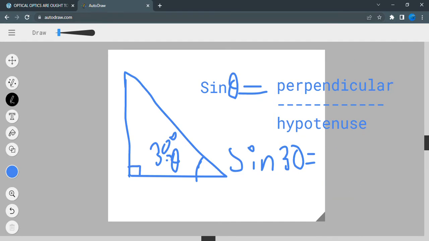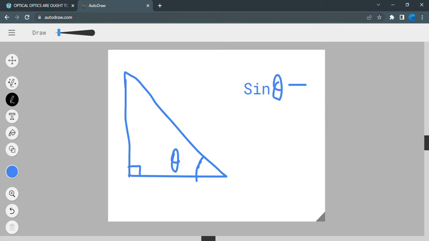Also, I'll be drawing a trigonometric table. As I wrote here, sine 30 degrees is equal to 1 by 2. But how did I get there? There is a specific table which is used to remember the value of each of the variables called sine, cos and tan. But first, I'll be telling what these trigonometric ratios mean. First up is sine theta.